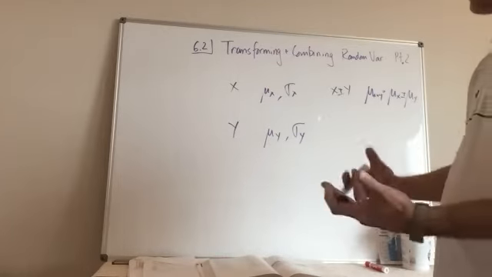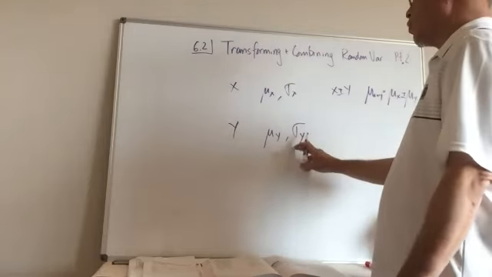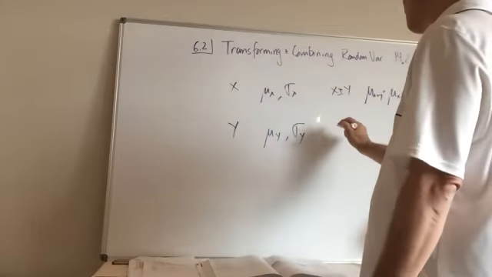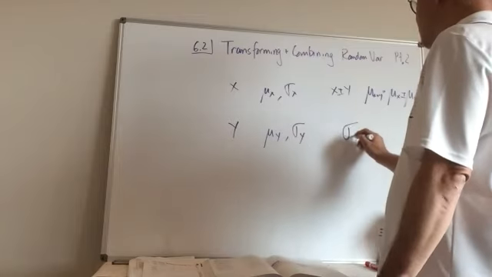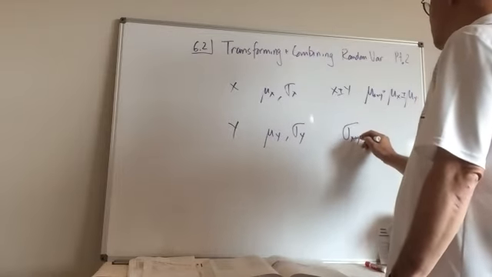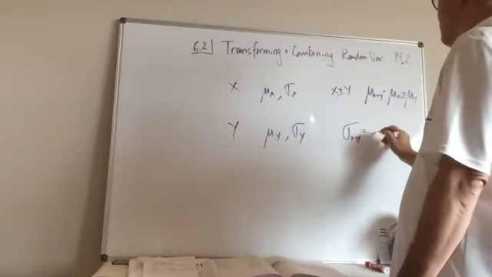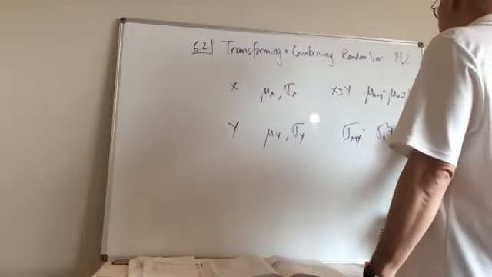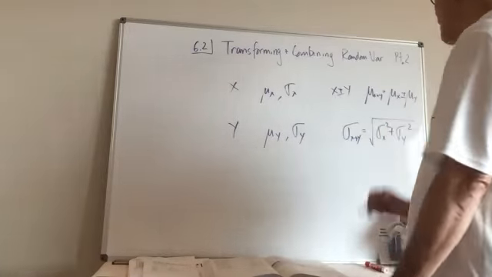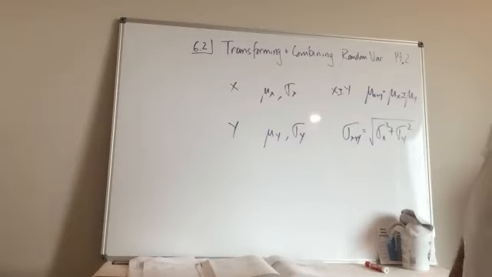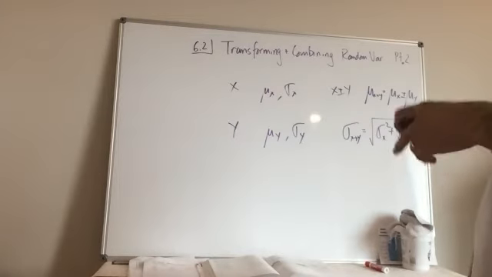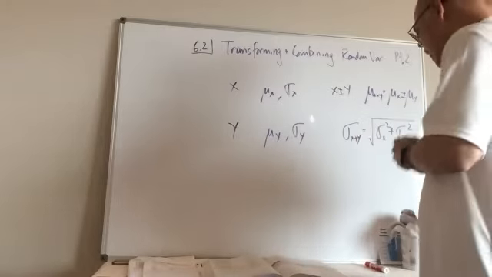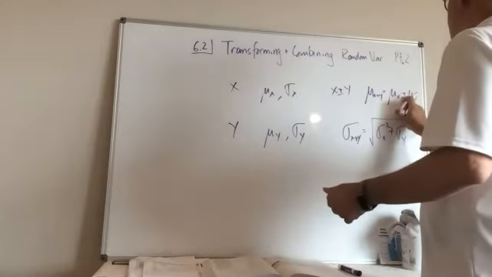The interesting thing is what happens to the standard deviation when you combine random variables. So the combined standard deviation, if you add them together, is going to be like that. Interestingly enough, if I subtract, let's actually do this in a different color.